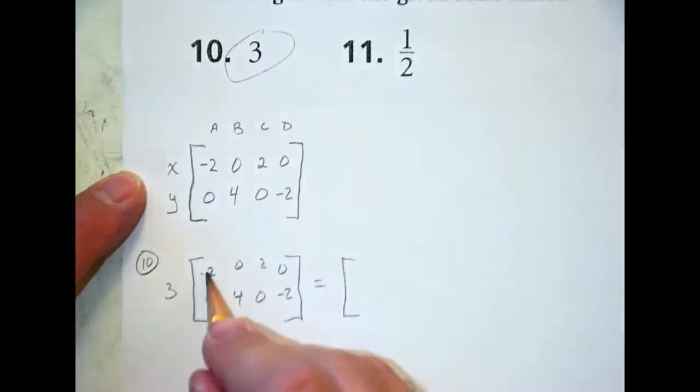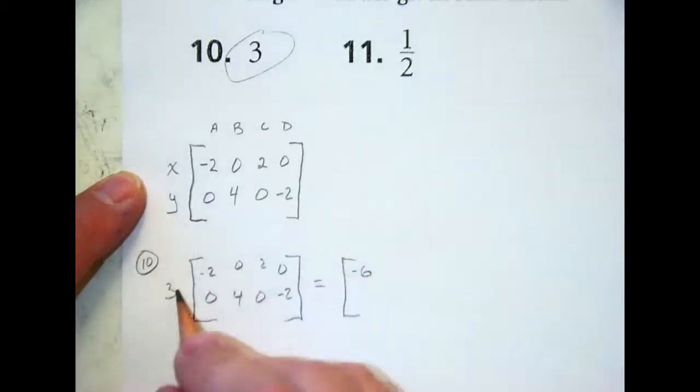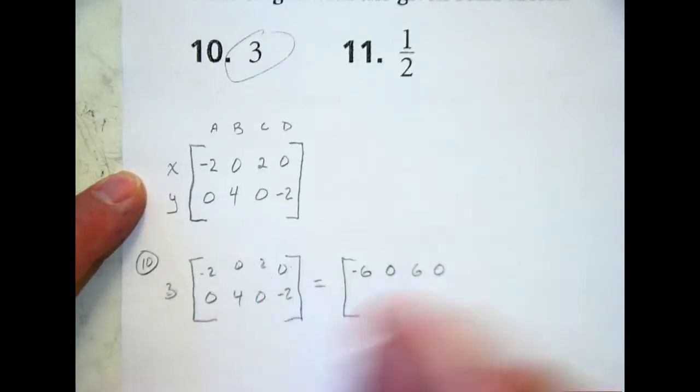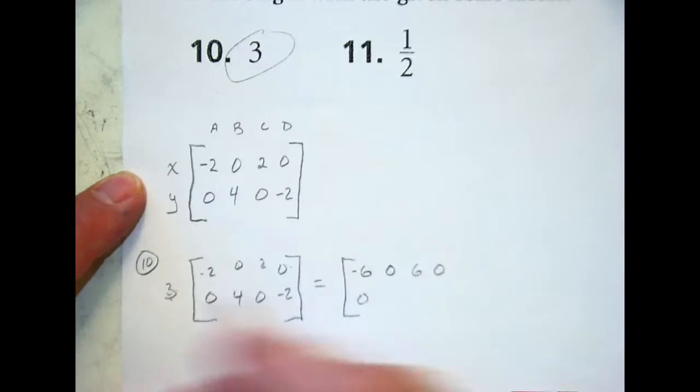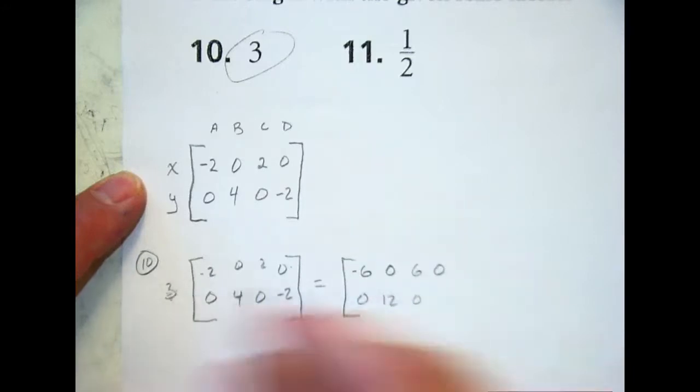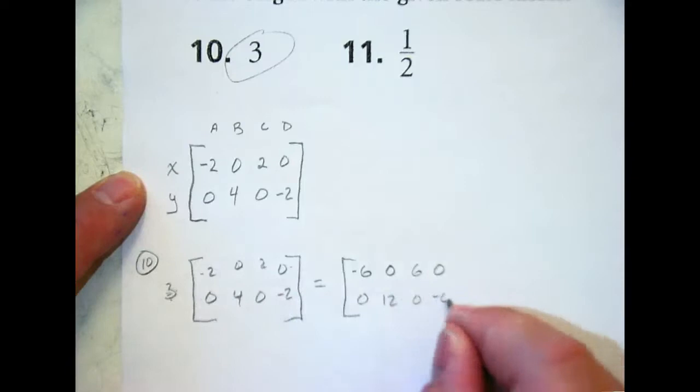So 3 times negative 2 is negative 6. 3 times 0 is 0. 3 times 2 is 6. 3 times 0 is 0. 3 times 0 is 0. 3 times 4 is 12. 0. And negative 6.